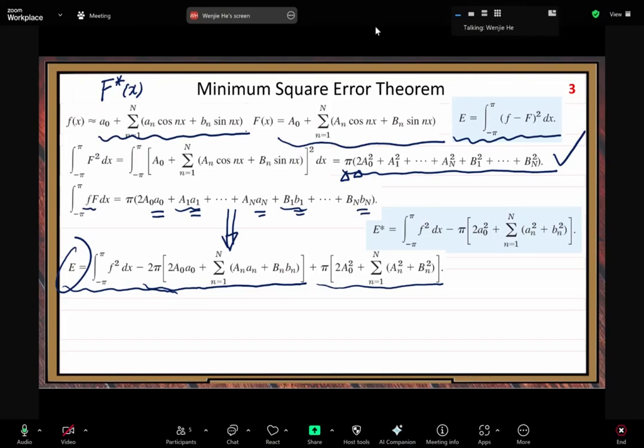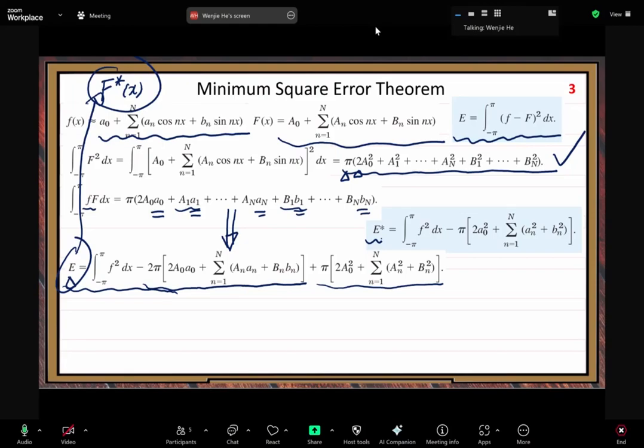Because we have freedom to choose all possible capital F, can we consider a special F? We call it F star. That F star takes this partial sum. If we calculate this E on that capital F star, we have this E star error. This is a special case of the error, so we use the star.